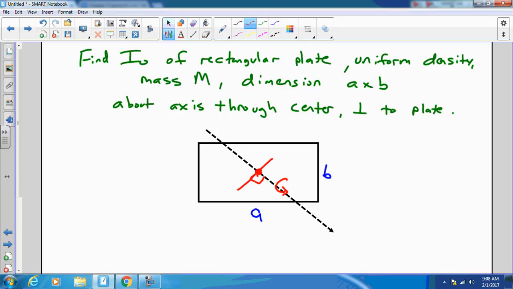What I'm trying to do is to show that this axis is perpendicular here. Let me just help you visualize it. What we're doing is talking about rotating it this way. So we're taking this entire plate and we are revolving that plate in its own plane. I have an axis perpendicular to that plane.